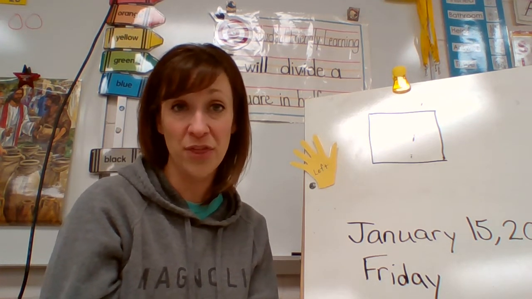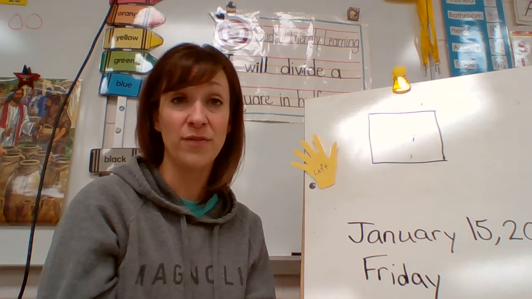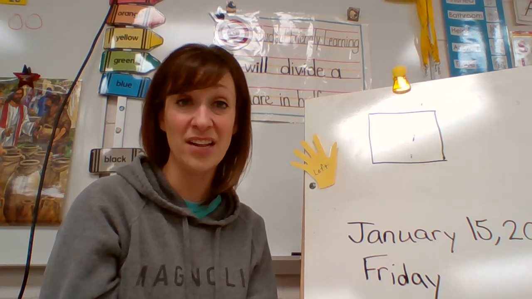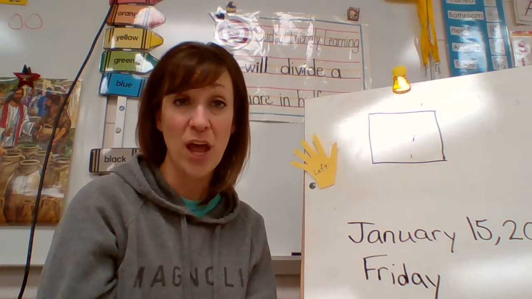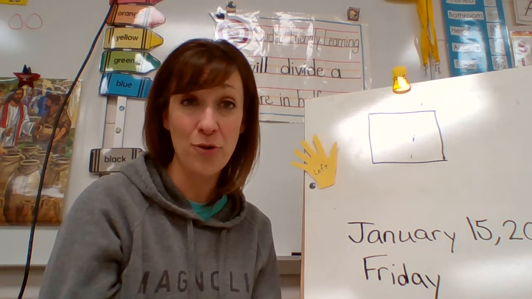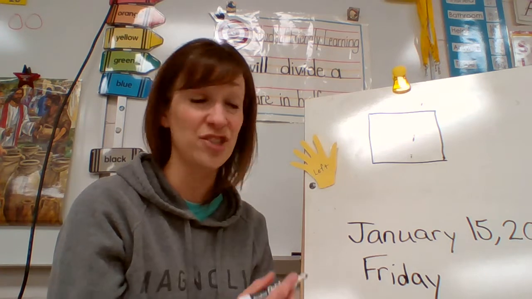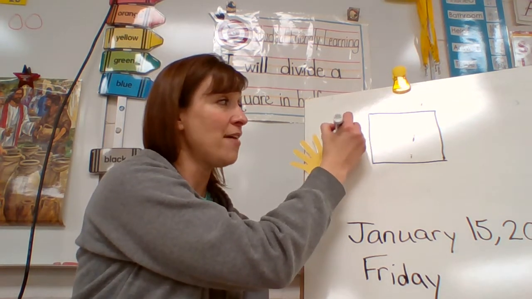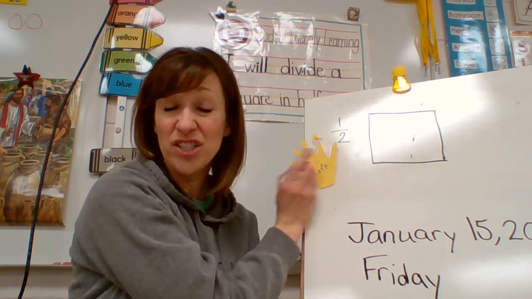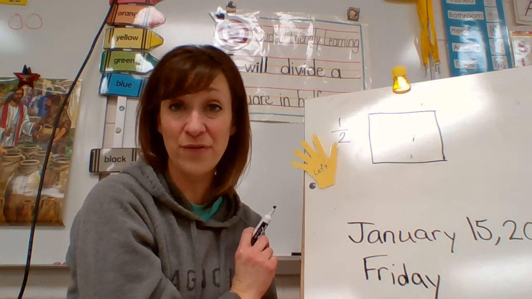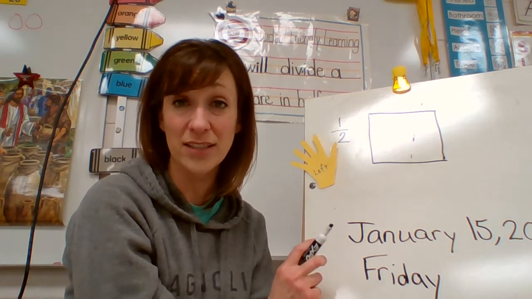We've already talked about this. We did that with our video yesterday when we divided that graham cracker in half and we colored it with the brown peanut butter. We're going to cut it in half into 2 equal sections. When we look at the word half, we can see that there is a 2 on the bottom of that fraction. That means there are 2 parts.